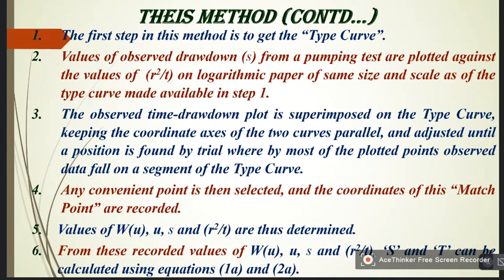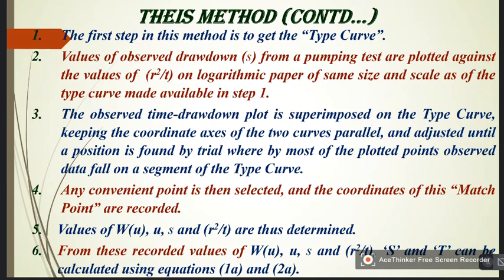For that match point, now you note your U value and W(U) value on the type curve, and R square by T and S on your field data graph. So now you will have values of W(U), U, S and R square by T, which correspond to one match point.